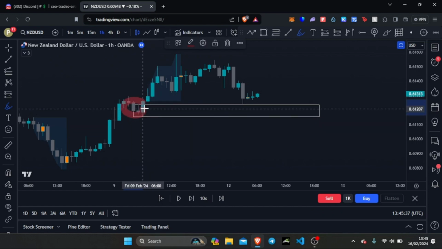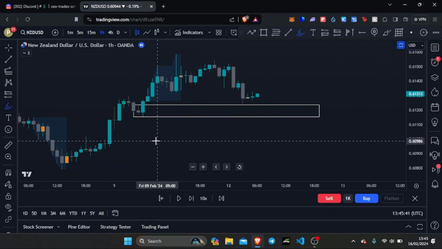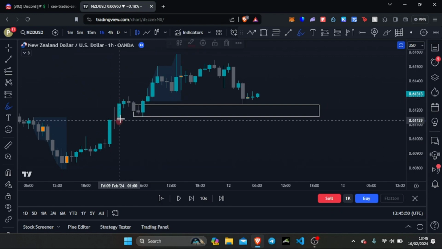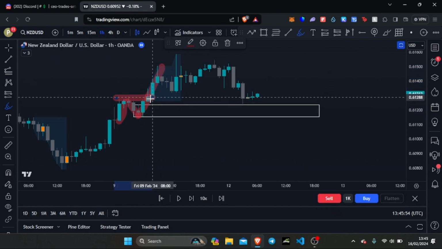In this area, if you drop down to the lower time frame, you will see a bunch of little candles on the 1 minute, and inside of these candles you'll have big executions from the banks and institutions loading up all of their orders in this area before they push price out and break structure.